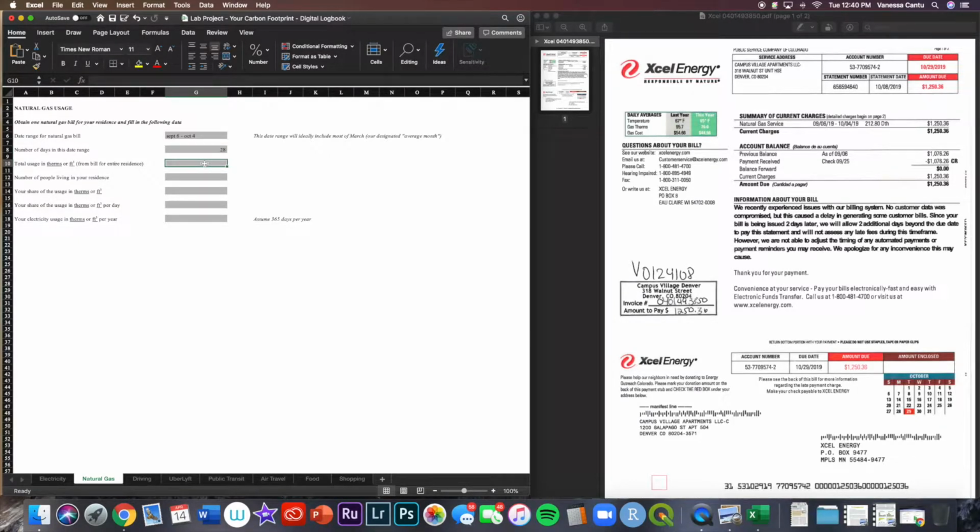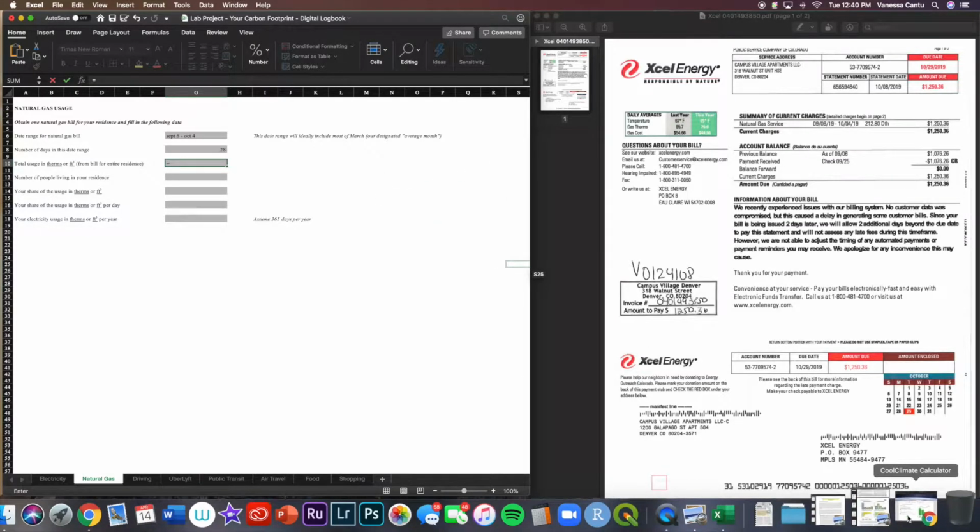Then from there, total usage in therms. You can see on the electric bill, it's actually calculated in decatherms, so we're going to have to do a little bit of unit conversion.